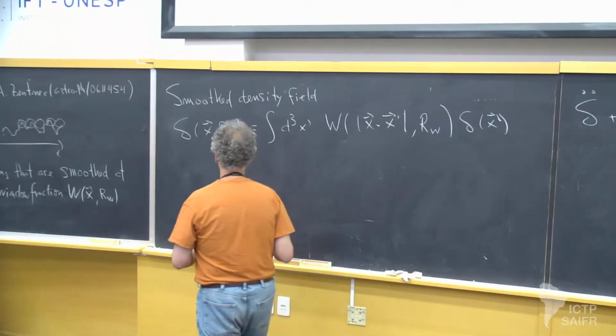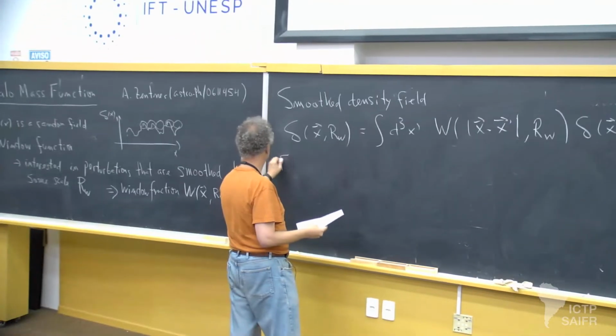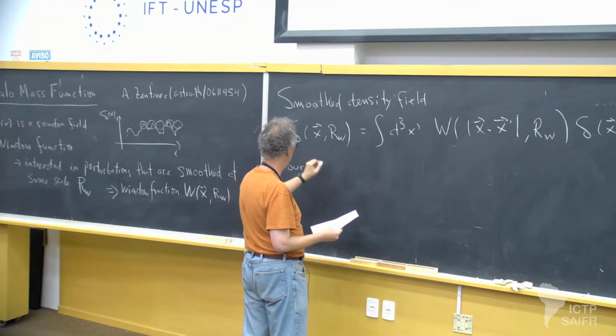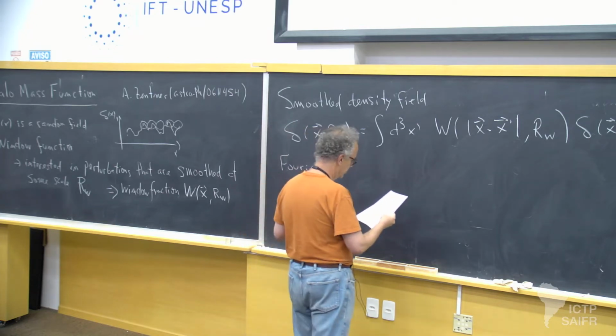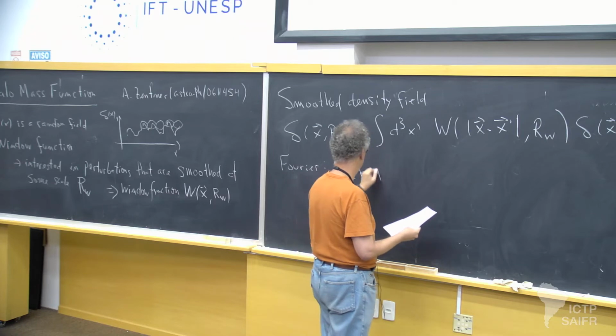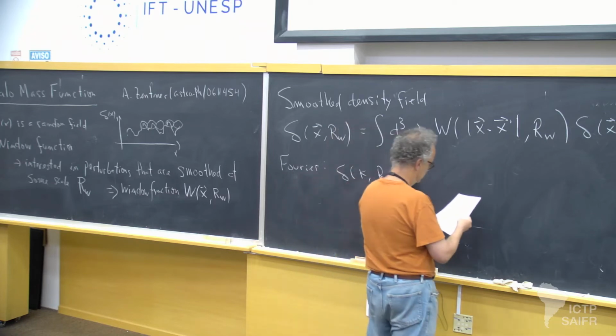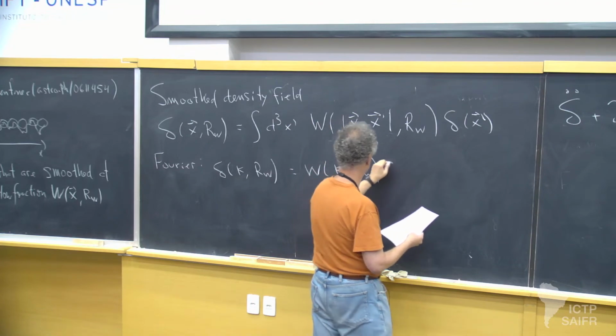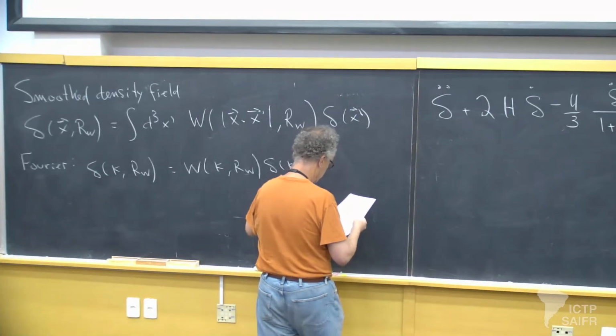So of course, you can do this in Fourier space. And in Fourier space, a convolution is just a product. So if you do this in Fourier space, it's just this product.